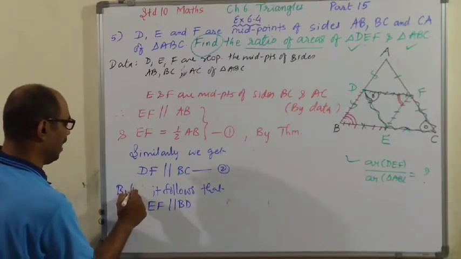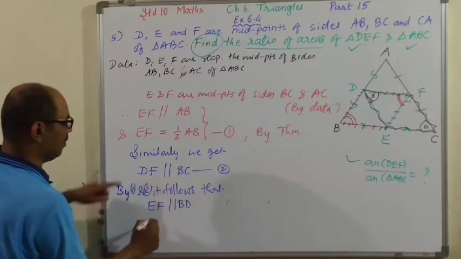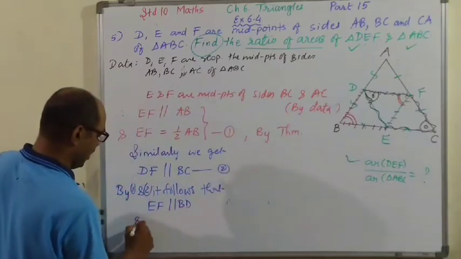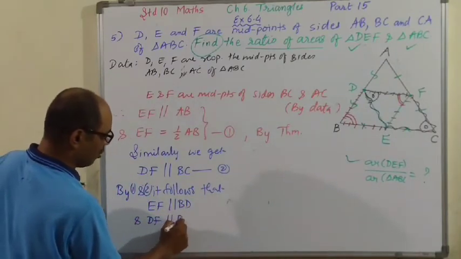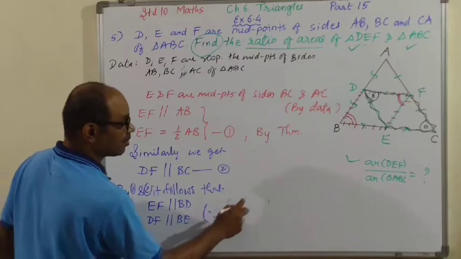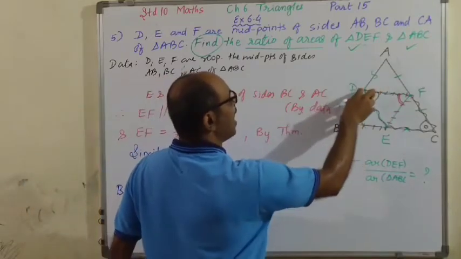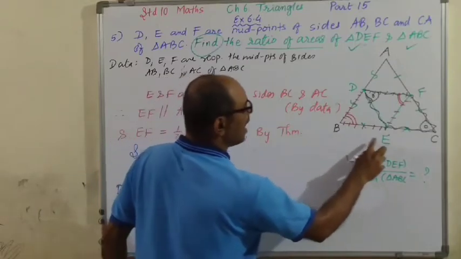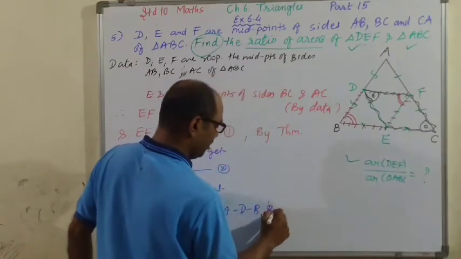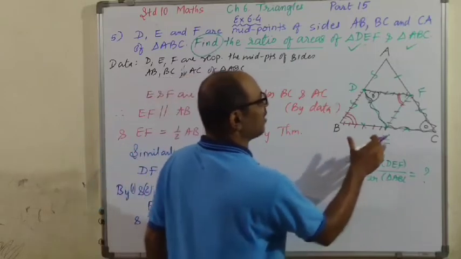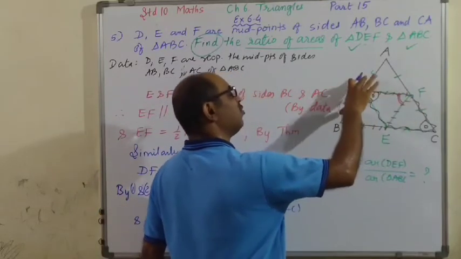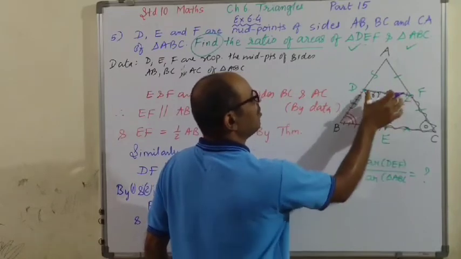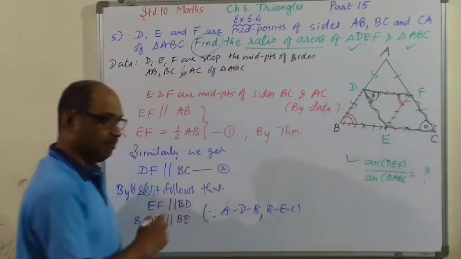Okay, I'll write both by 1 and 2. Take this also: DF is parallel to BE, because D lies between A and B and E lies between B and C. That's why you can say DF is parallel to AB, but you can say BD. Similarly, DF is parallel to BC, but you can say DF is parallel to BE because of betweenness.